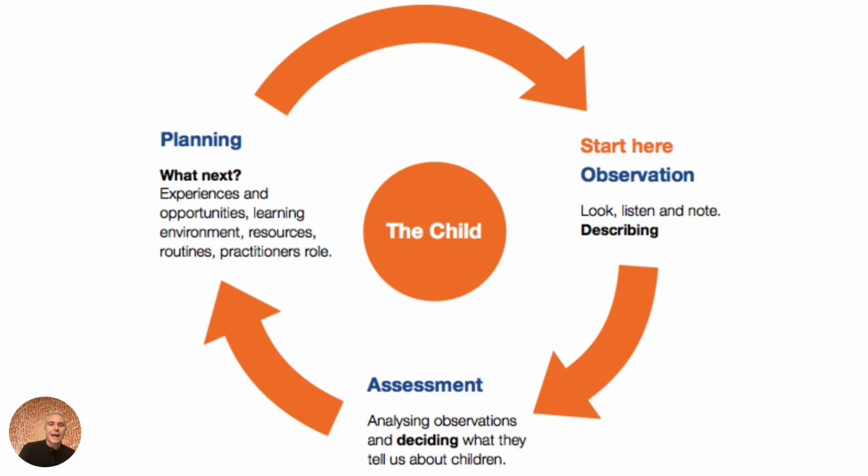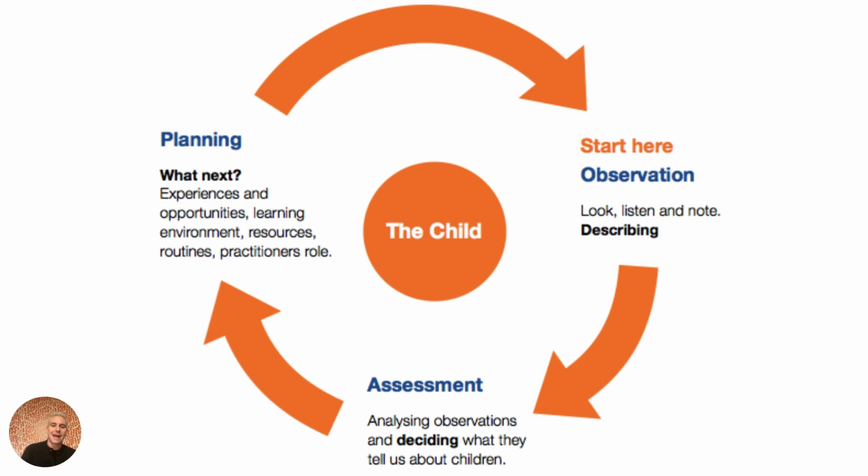And of course, here we come to the OAP cycle: observation, assessment, and planning. You start with your observation, watching children, looking, listening, noting, describing what they do, selecting the right kind of observations to gather the information that will inform the next stage, which is the assessment.